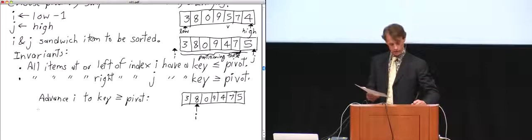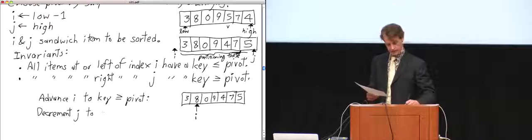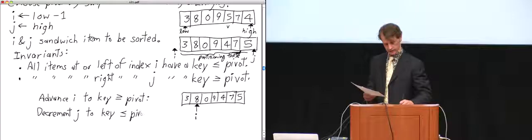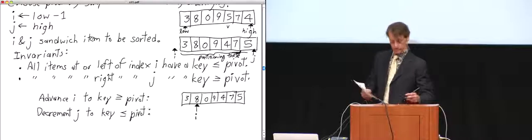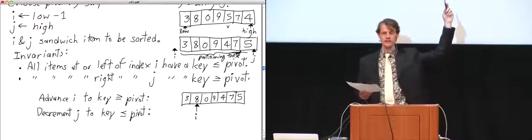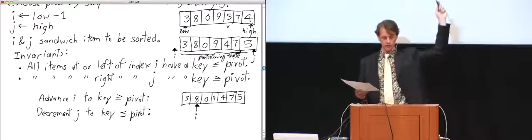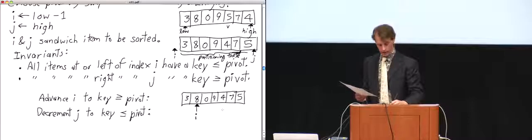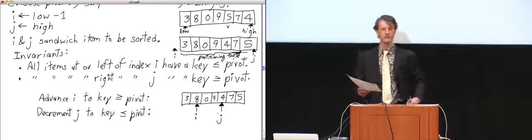Then I will do the mirror image thing with j. I will decrement j until I find a key that's less than or equal to the pivot. So I move j back one step to 7. 7 is greater than the pivot. I move back another step to 4. 4 is less than the pivot, so j stops here.